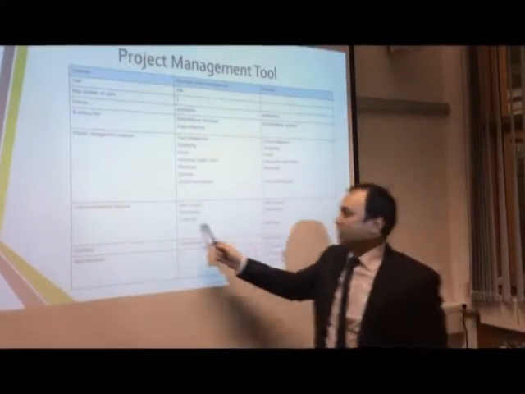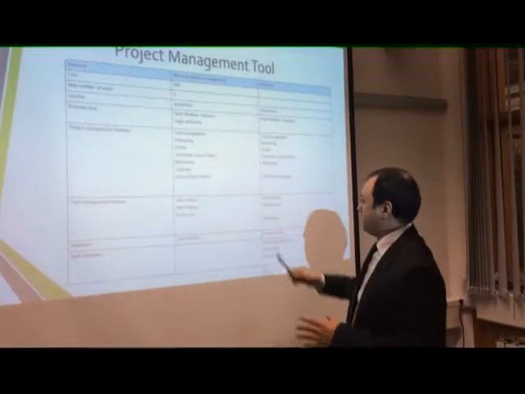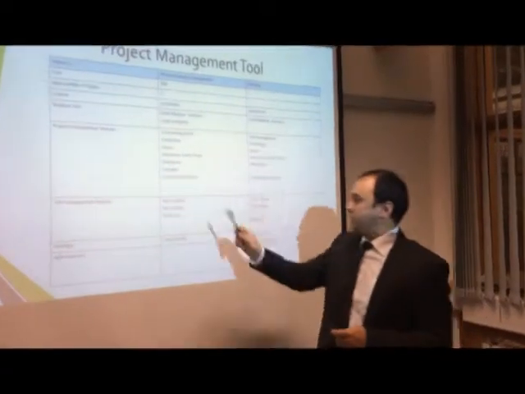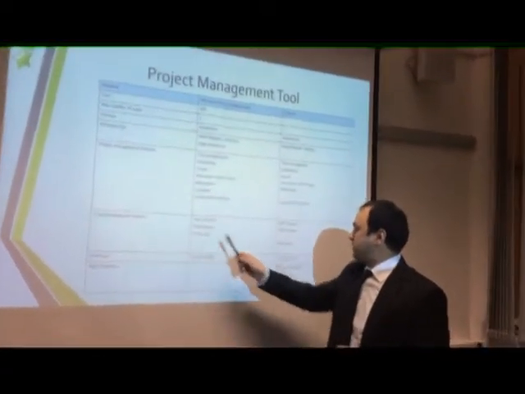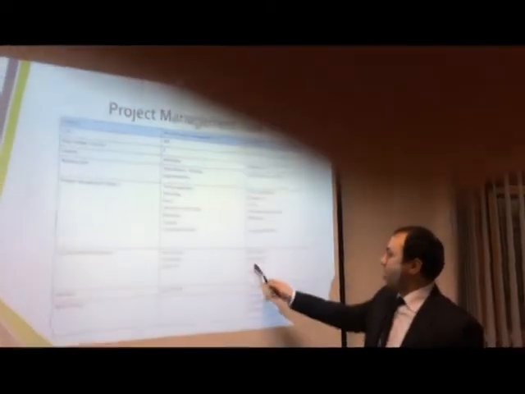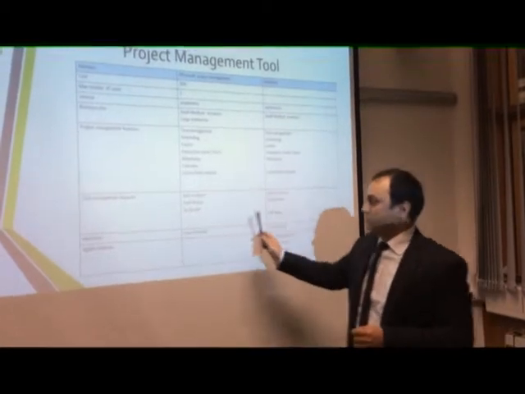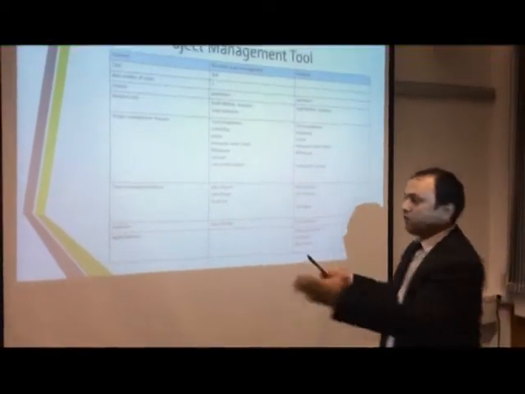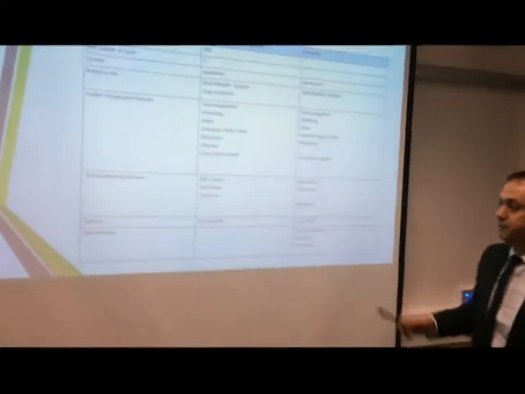If we look at task management features, add contacts and task history are in both. To-do list is not in OpenProject, and add notes is not in Microsoft Project. Both of them have a user-friendly interface.